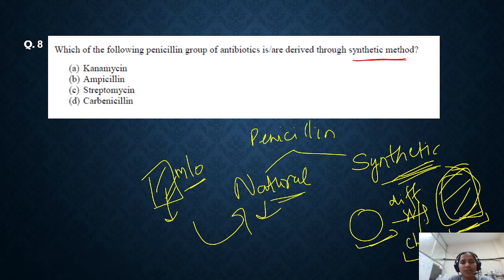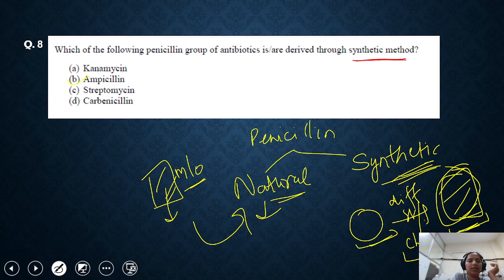Okay, so from this, which are the synthetic ones? From these four options, ampicillin and carbonicillin, these two. So the answer is B and D, that ampicillin and carbonicillin are formed using the synthetic method.